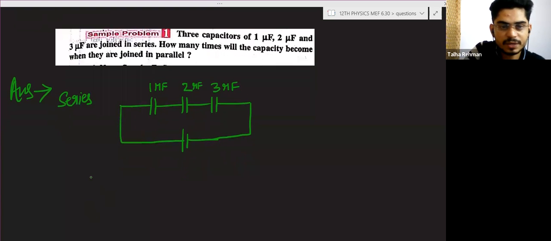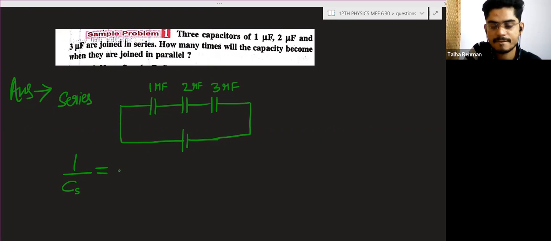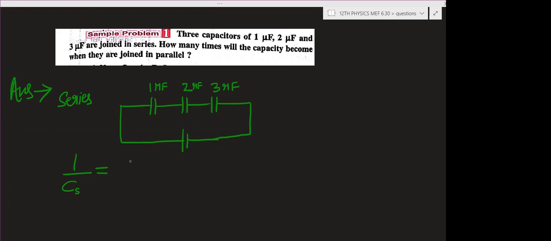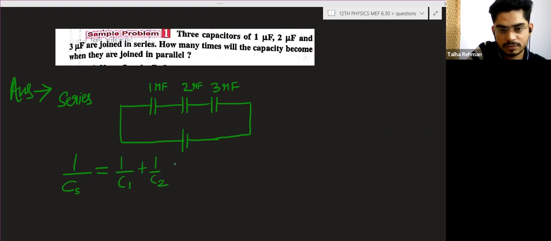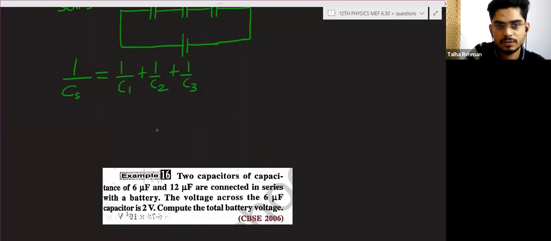For the series combination, if I want to calculate the equivalent, CS is the equivalent capacitance in series. What is the formula, Nawal? For the series combination, 1 by C1 plus 1 by C2. Okay, good. So this will become 1 by CS equals 1 by 1 plus 1 by 2 plus 1 by 3.